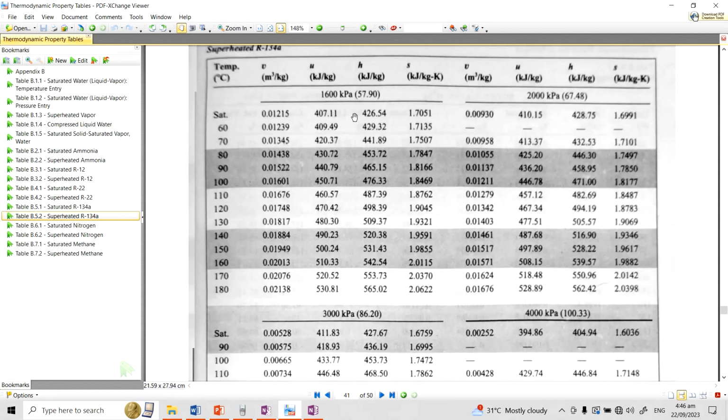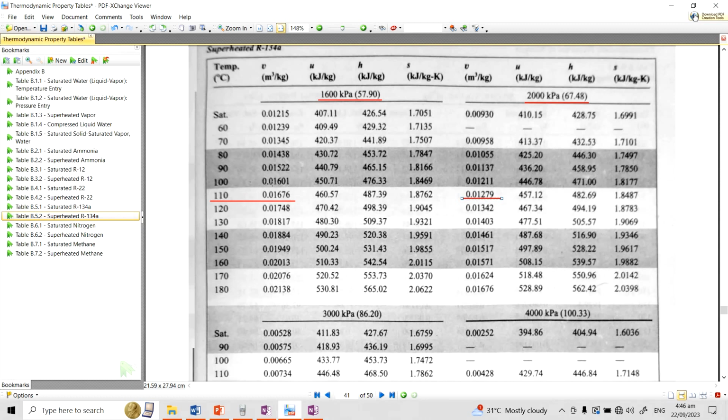Next pressure, 1600 kPa: the value at 110 is 0.01676, and at the 2000 kPa range the value is 0.01279.